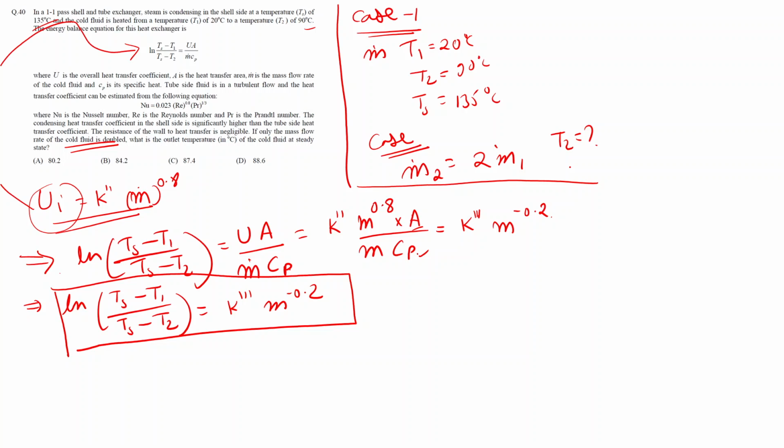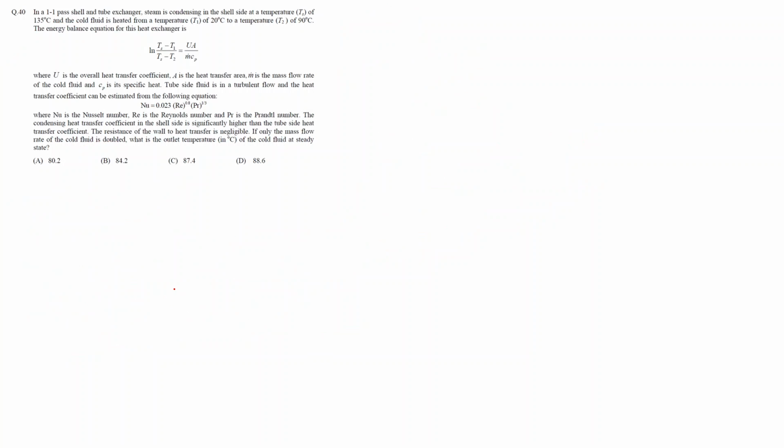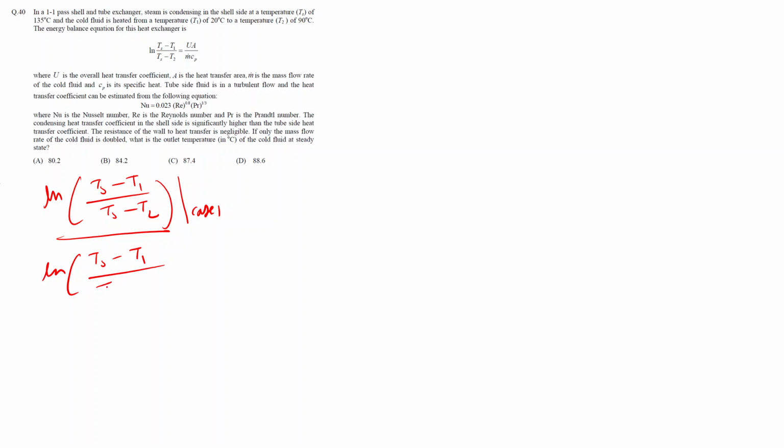So we will use this equation for both the cases to find our T2, that is the outlet temperature. So for case 1 we can write ln of (Ts minus T1) upon (Ts minus T2), and similarly ln of (Ts minus T1) upon (Ts minus T2) for case 2.